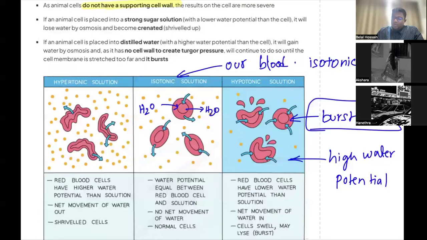So how does our blood maintain its isotonic properties? If our body salt concentration goes high, our body loses the salt, not a lot of water; it tries to hold the water. So it loses the salt, holds the water, and as a result we stay isotonic.